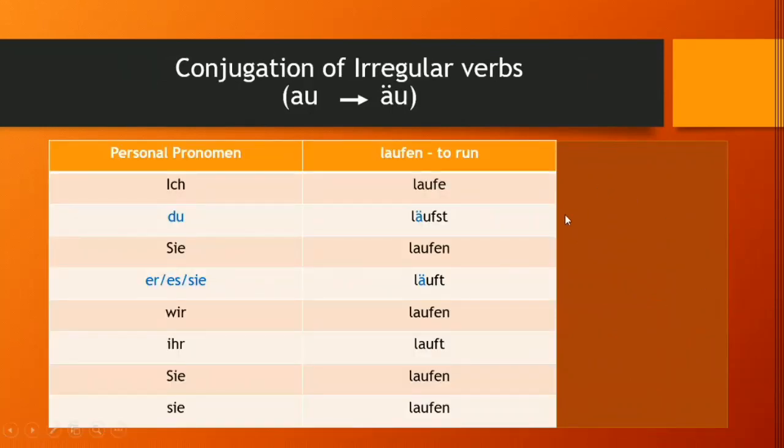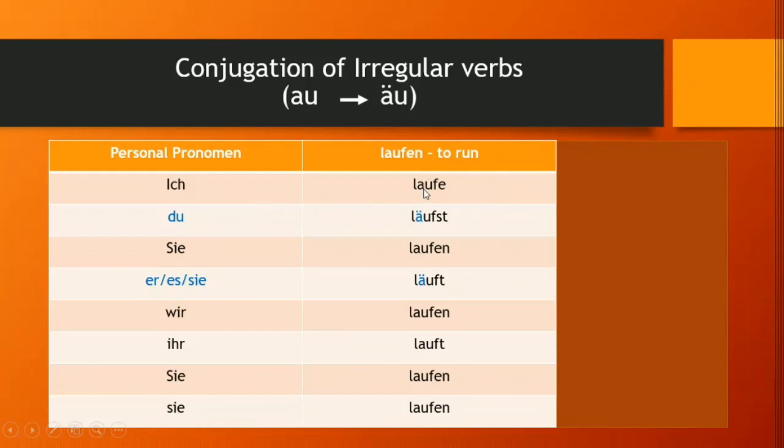The next irregular verb is laufen. And in laufen, AU changes to A umlaut U. Äu in Deutsch. So it's laufen, which means to run.